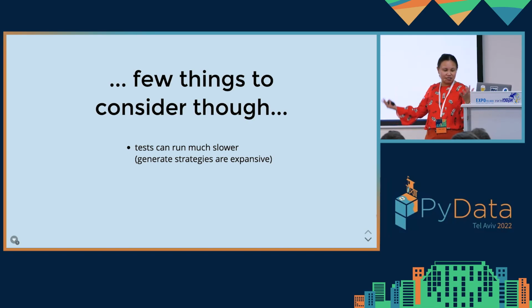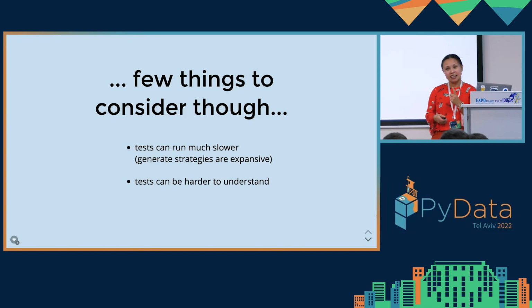So what they do now is only pick a few things that are really useful, and use hypothesis only on those, but not the whole thing. So if you have a lot of code, a very complicated pipeline, maybe only pick a few sections of your code where hypothesis will help you the most, and only use it there.